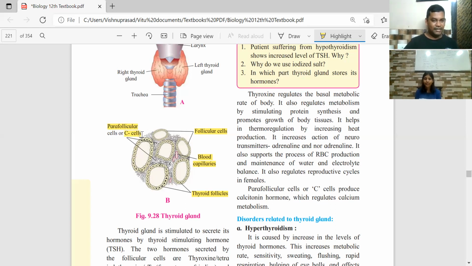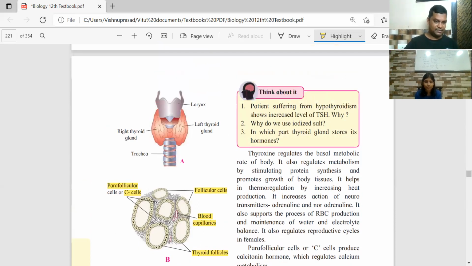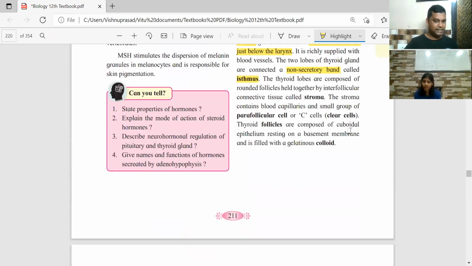Understood the locations? We are talking about the thyroid lobes. So there are thyroid follicles present, supplied with blood capillaries, and also parafollicular cells present. Why C cells? Because they appear very clear. That's why the C stands for clear cells.